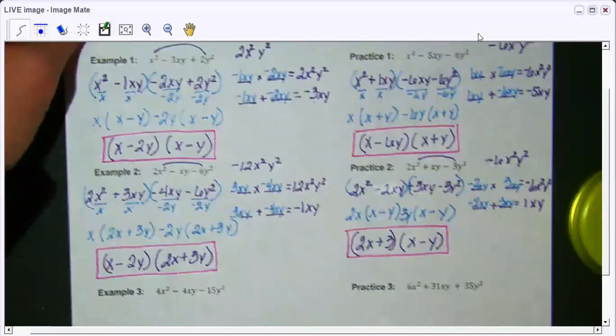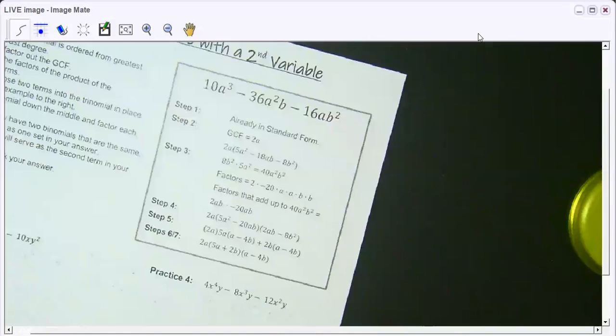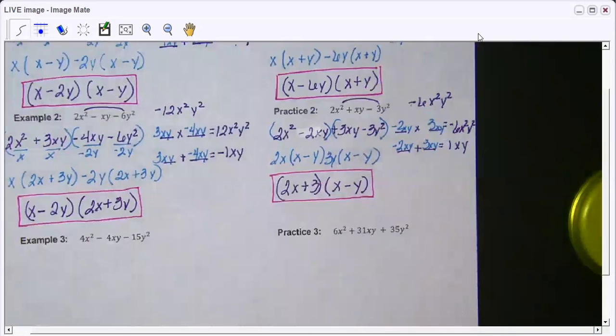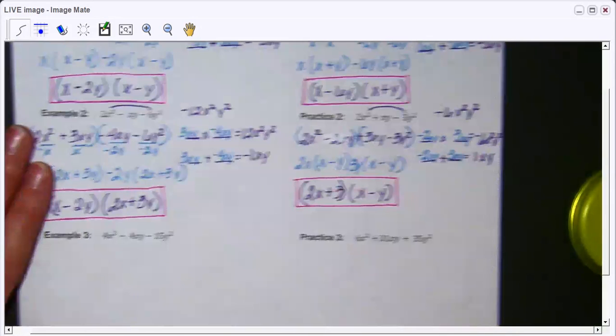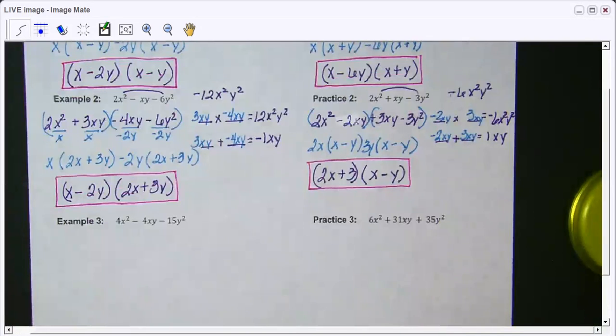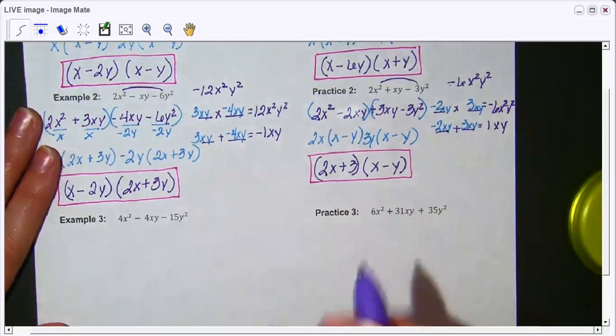We're going to do example and practice 3. So let's go ahead and do example 3, unless there's any questions. I put quite a few on here because I want you to practice them and be ready. And these get progressively harder.